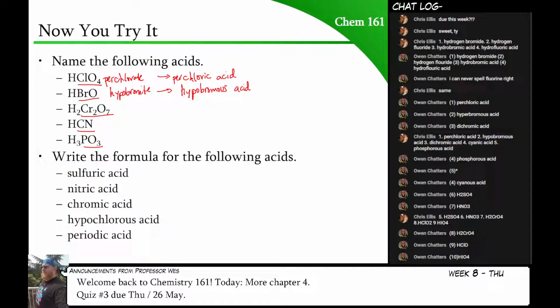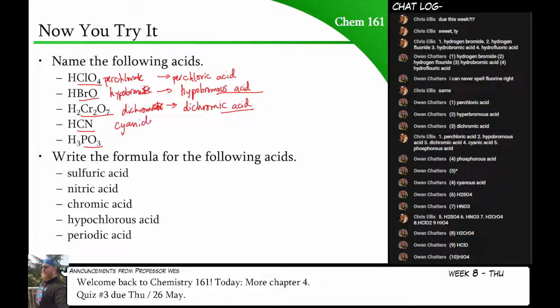All right. We've got dichromate here, which becomes dichromic acid. Just taking off the ending and sticking on ic acid or ous acid, depending on which ending we have. HCN is cyanide.